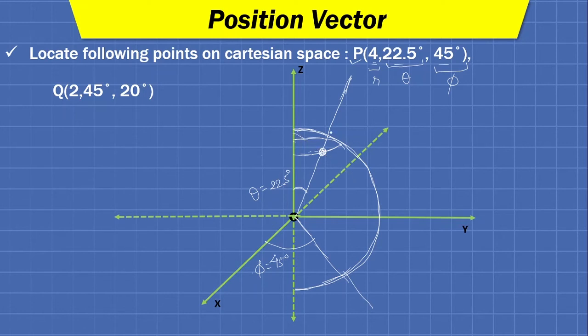So removing again unwanted lines, we can represent a point P as 22.5 degrees, 45 degrees. Fine. So this is how we can represent any point in spherical coordinate system. Now this second point Q, I am giving you as an activity.